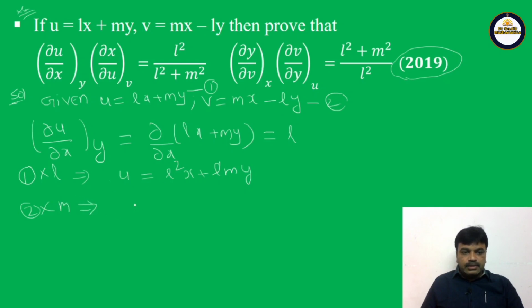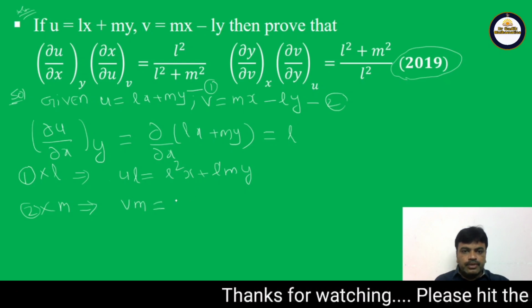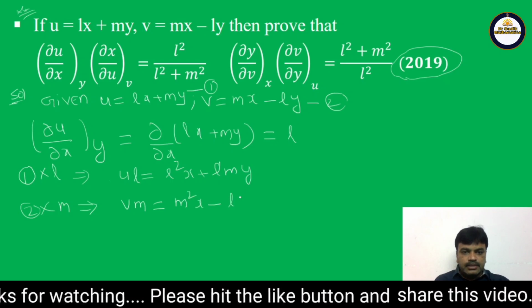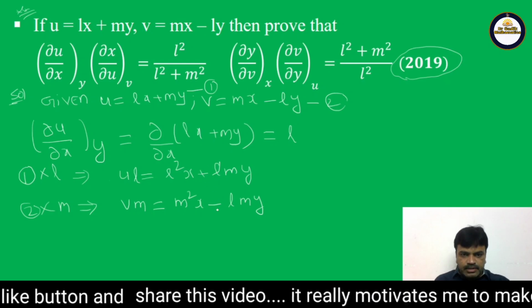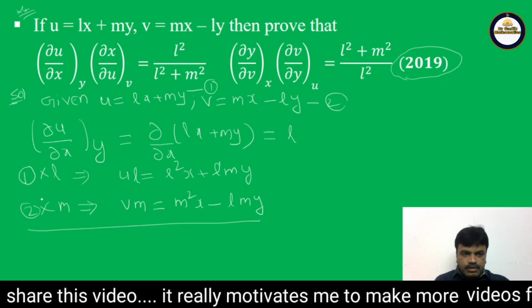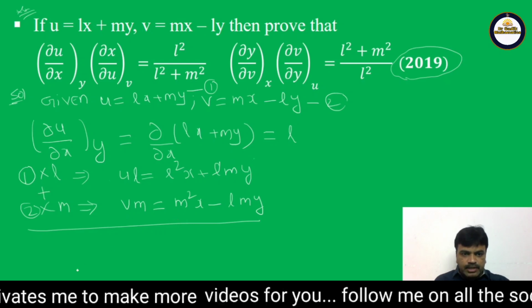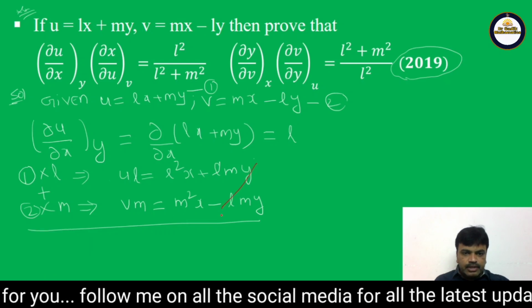That implies ul, and vm is equal to m²x minus Lmy. One is a positive term and the other is a negative term, so we add them, and these two terms are cancelled.